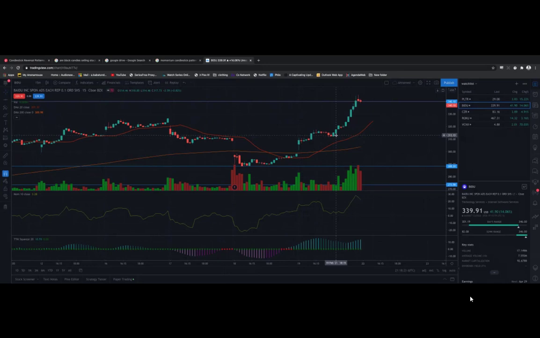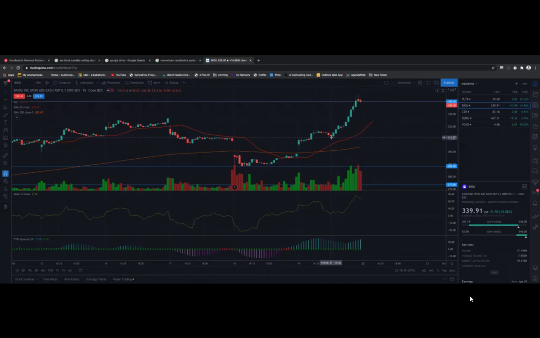Not only that, but there's no wicks on these candles, and that's important. Candles with no wicks say that we didn't have much of a high or much of a low. People have bought straight through and continue to buy at that level, and we're closing at that level because buyer confidence is high.